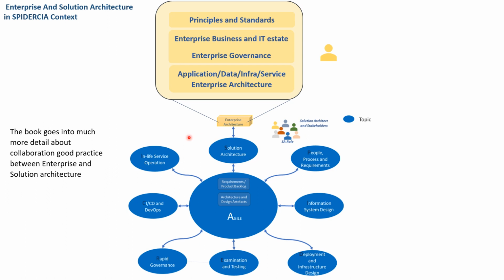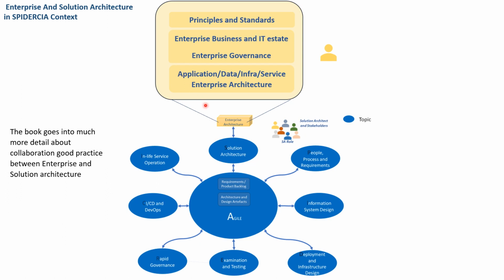So you can see here, this is expanding out what was in the SPIDERCIA topic diagram into the enterprise framework. This is where TOGAF would come in, and TOGAF provides the application and data architectures, infrastructure architecture, the business architectures, and the associated enterprise guidance, standards and policies.